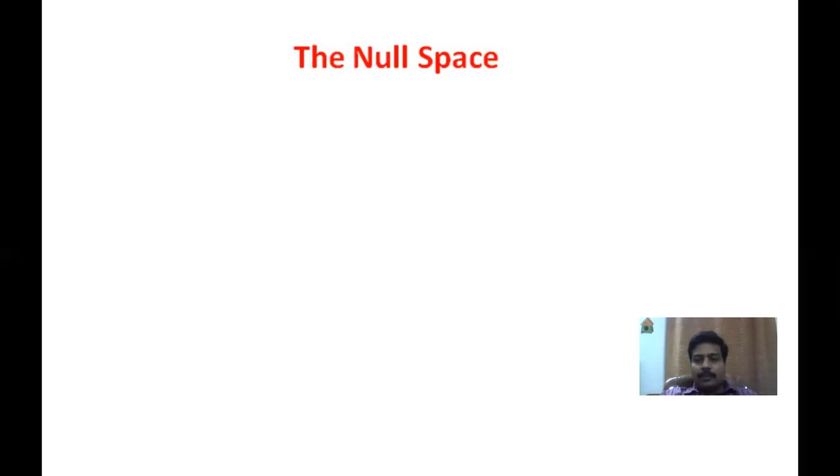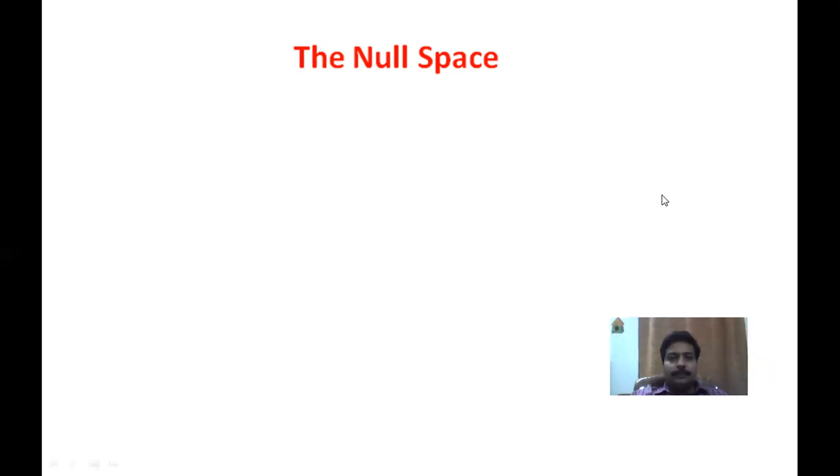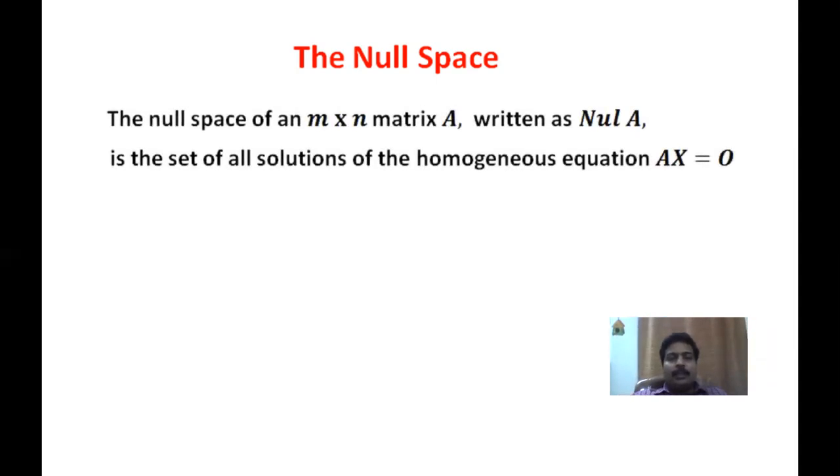This is our class map of today's video. Let us first recall the definition of the null space. The null space of an m by n matrix A, written as null A, is the set of all solutions of the homogeneous equation Ax = 0.